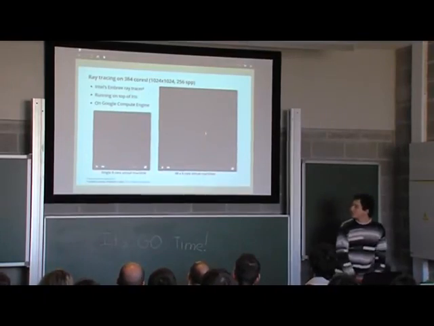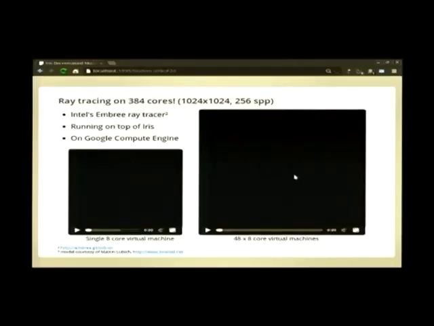So what I did is I converted Embree's ray tracer into a tile tracer, meaning that not the whole scene is rendered at once, but only individual tiles. And if I were to render the Austrian crown, which you have the copyright somewhere here for, then this would be the speed of the rendering on an 8-core virtual machine in Google's Compute Engine.